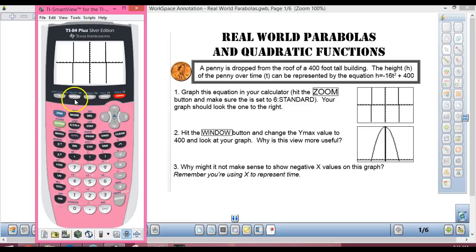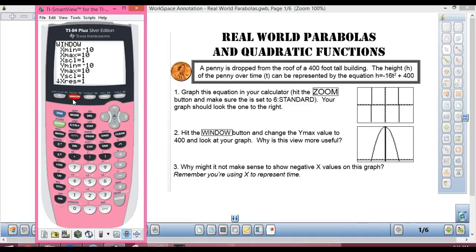So we're going to hit window, which is next to our y equals. All right. They tell us to change... So what this is telling us is our x. Our x's, remember, go across, right? So this is telling us that our x's should go from negative 10 to 10. We have a scale of 1.